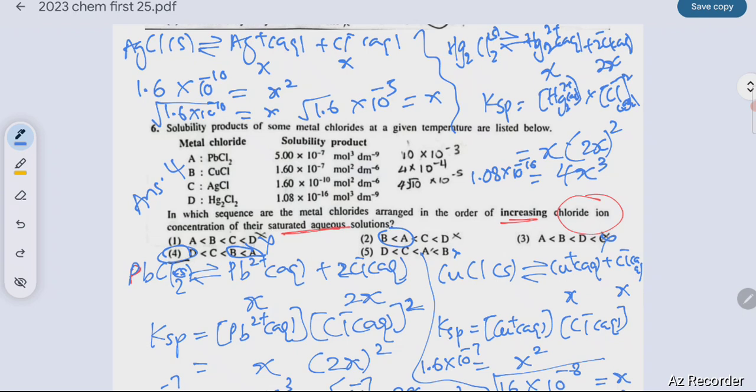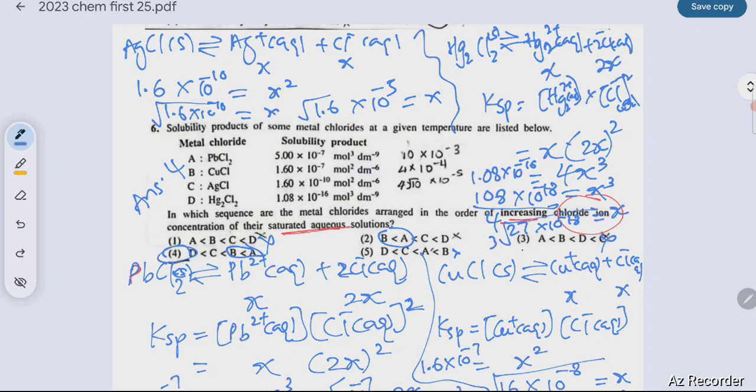So as I have to take the cubic root, I can make it this way and divide it by 4. x to the power 3. 108 divided by 4 is what? That is 27, right? Then 27 into 10 to the power minus 18, cubic root is x.